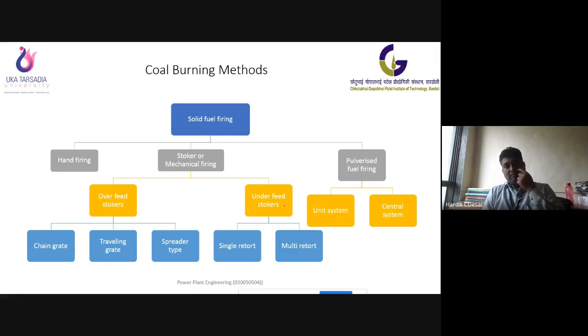Now we want to classify these solid fuel firing methods. Basically there are three methods. The first one is hand firing, the second one is the stoker or mechanical firing, and the third one is the pulverized fuel firing system. In hand firing, we provide coal with the help of our hands and shovels inside the furnace.